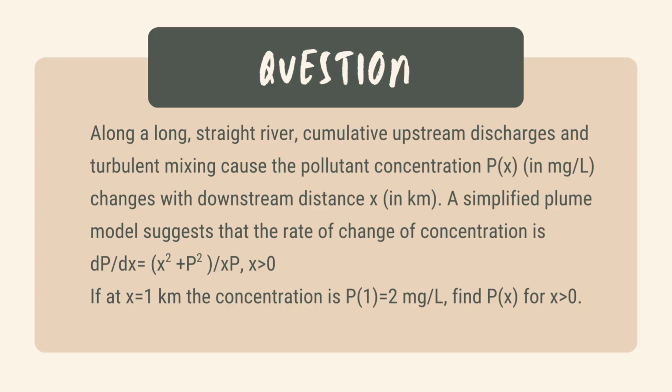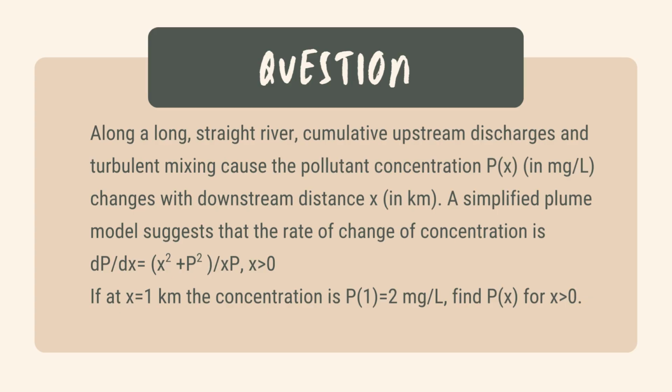A simplified plume model suggests that the rate of change of concentration is dP by dx equals to (x squared plus P squared) by xP, where x is greater than 0. If at x equals to 1 kilometer, the concentration is P of 1 equals to 2 milligram per liter, find P of x for x greater than 0.